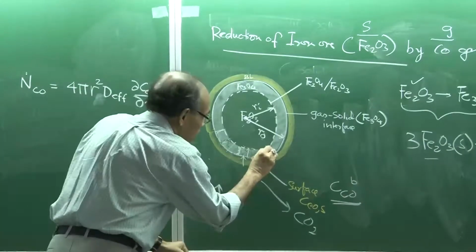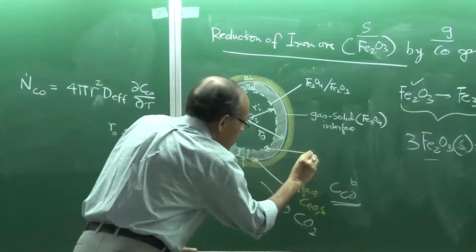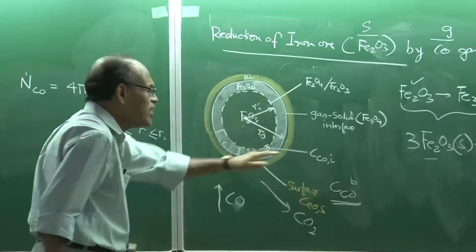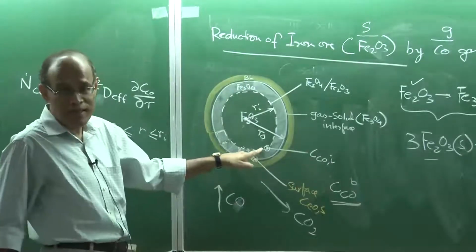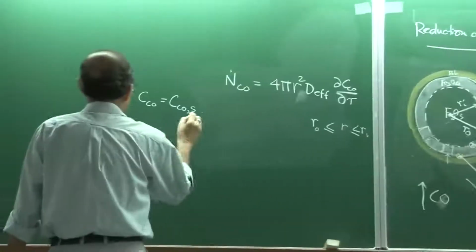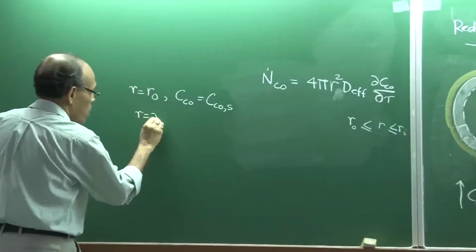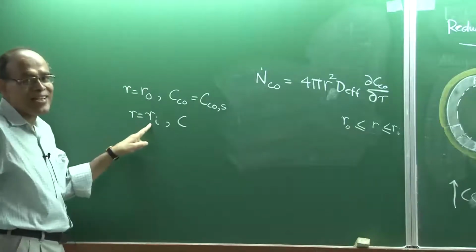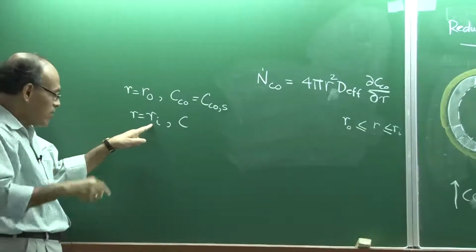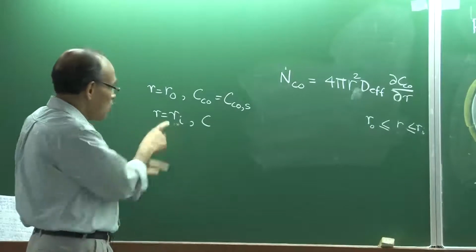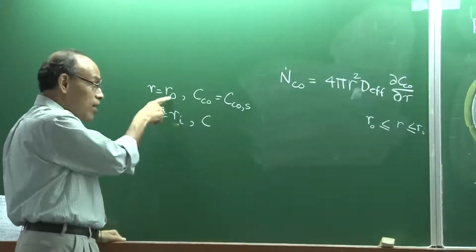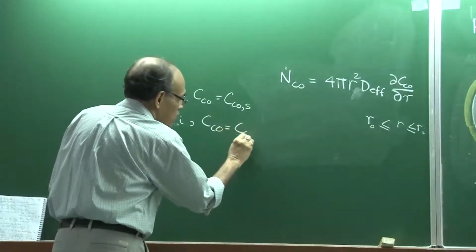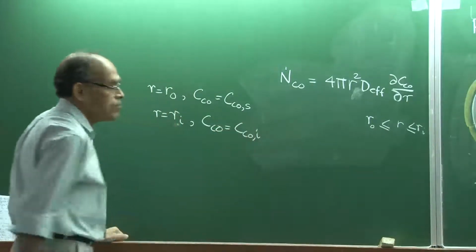The concentration here is C0 interface, and that interface essentially means it is the reaction interface here. So R is equal to Ri. Note that I will not write Ri as a function of t within brackets, but you must understand that Ri is not constant, R0 is constant, and this is C sub CO equal to C sub CO at the interface.